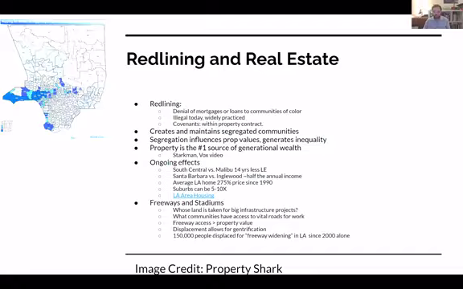That is wealth they can use to go buy another house, using their house as collateral for a loan, or to simply own their house and not have to pay rent every month and pocket the difference, that check that you would otherwise have to cut to the landlord, and so on and so forth.